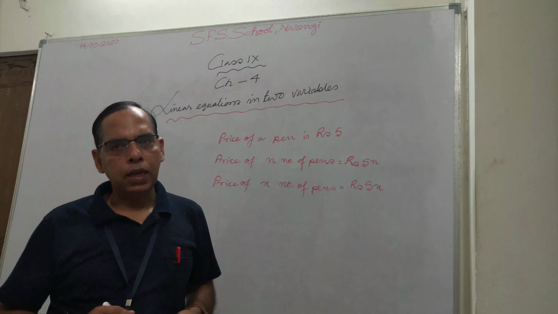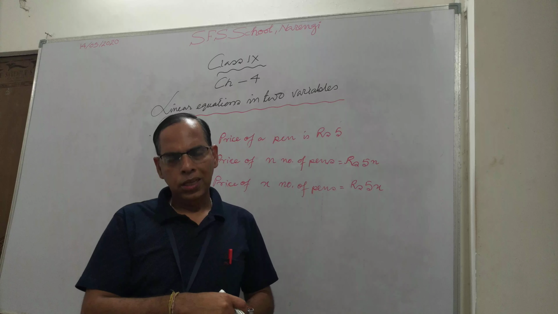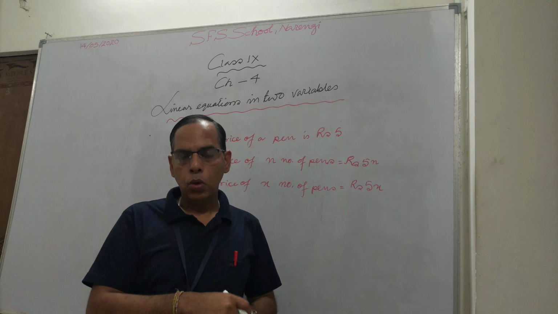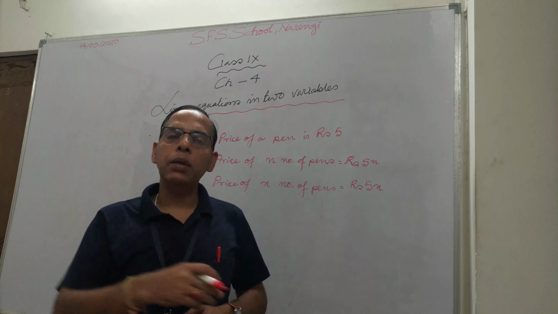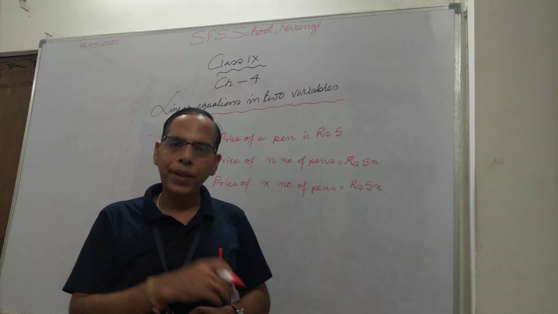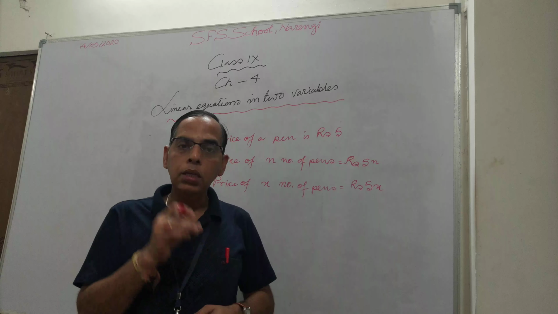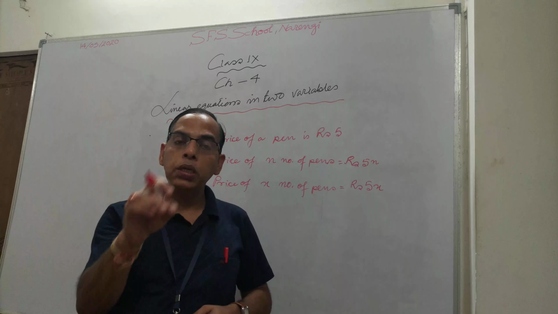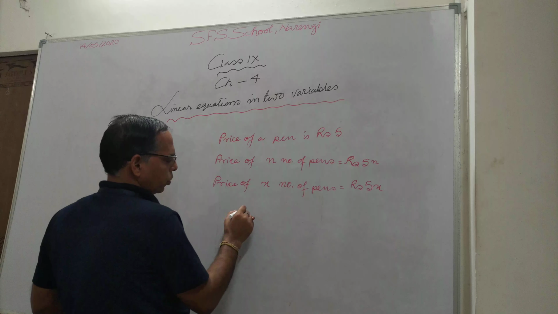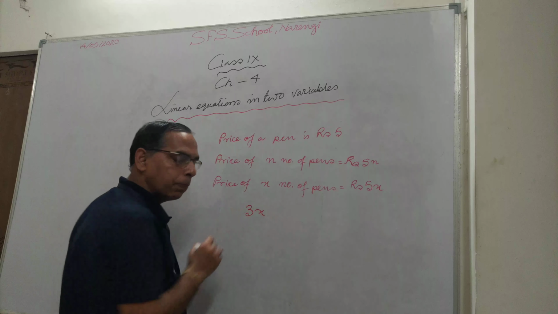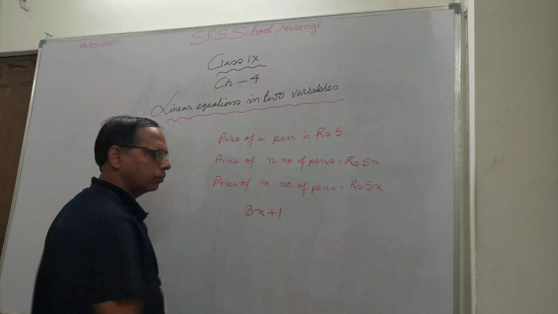Now if I say the number of students in a class is 1 more than 3 times x, what will be the expression? 3 times means multiply by 3, plus 1, so 3x plus 1.